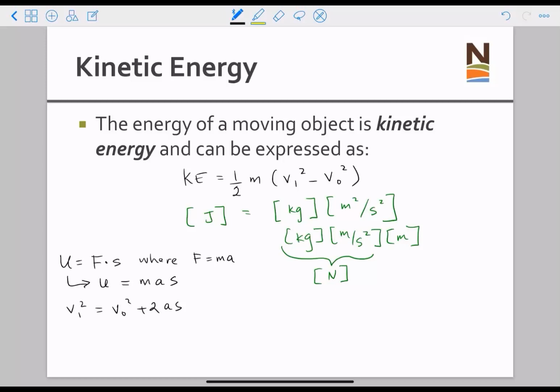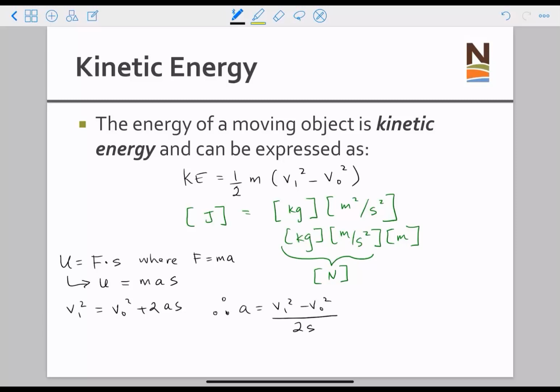Starting to look like something we might know here. So if we rearrange this and solve for a instead, a is equal to v1 squared minus v naught squared, and then I just divided through by that 2s.